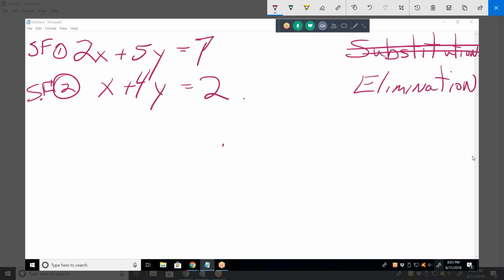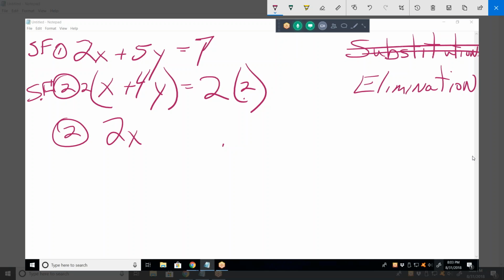But what if I multiplied equation 2 by both sides by 2? And you're always allowed to do that. The rules of mathematics allow you to do anything to the left side of an equation as long as you do it to the right side. That's always an option. Okay? So what we now have is a different equation 2.